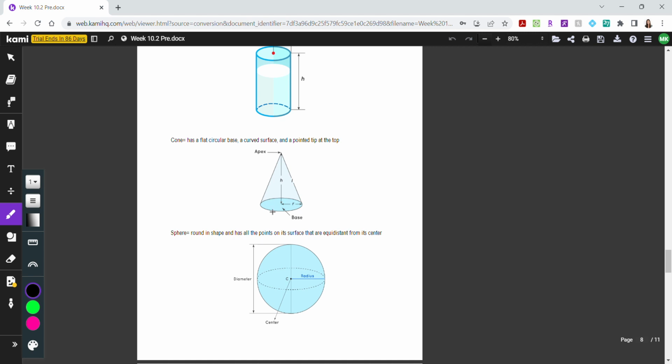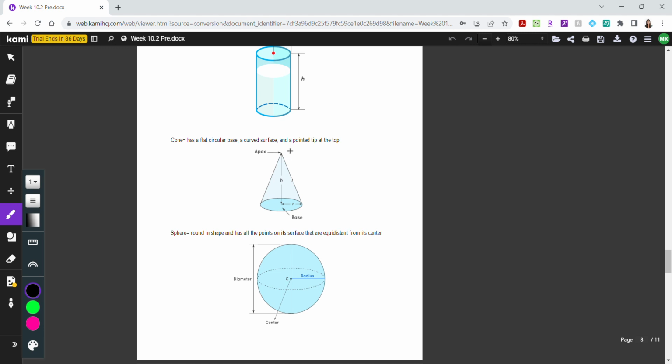Now a cone. All cones have a flat circular base, a curved surface, as you can see, and a pointed tip at the top, which again we call the apex. It's like your ice cream cone. The top where you put the ice cream, if you can imagine it closed, is your flat circular base. The thing that you hold on to is the curved surface, and the very bottom is the apex.